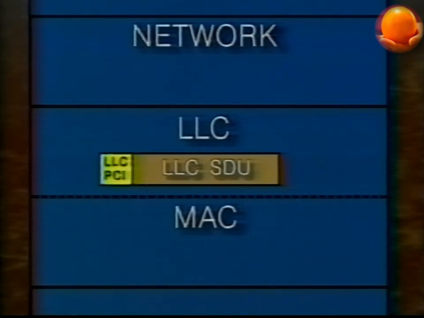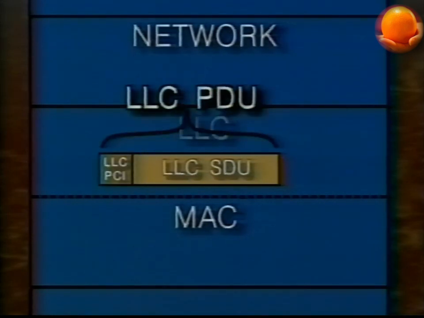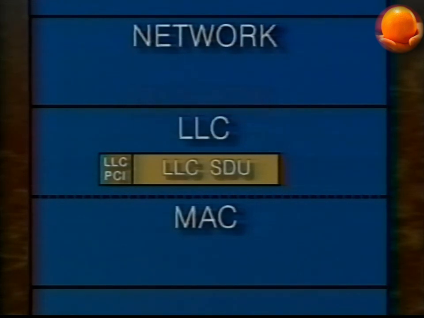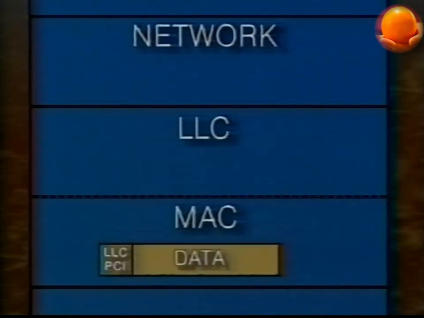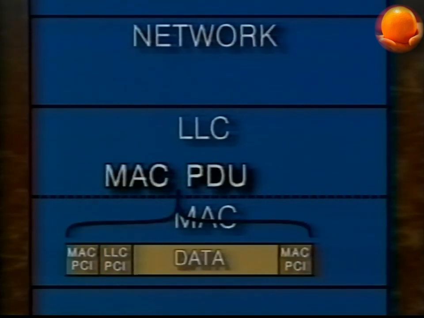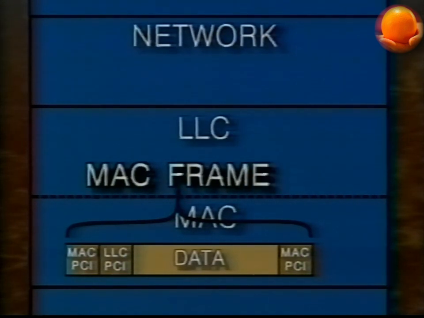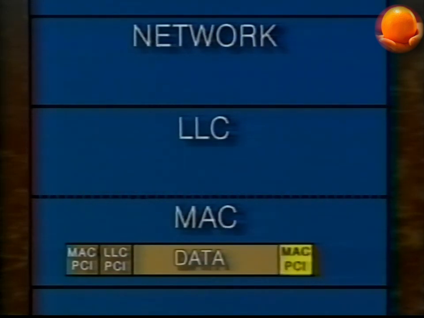It then adds control information to create an LLC PDU. The LLC SDU within the LLC PDU is treated as data by the LLC and MAC sublayers. A medium access control entity then adds its own control information to create a MAC PDU. The MAC PDU is often called a MAC frame. The PCI in a MAC frame takes the form of a trailer as well as a header.